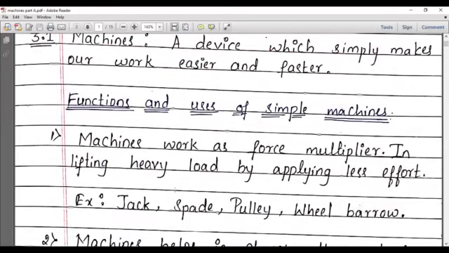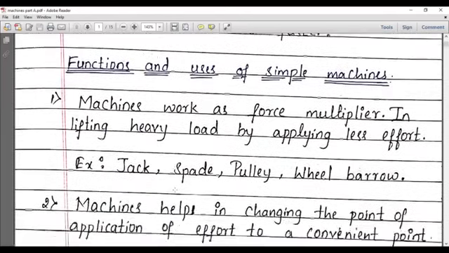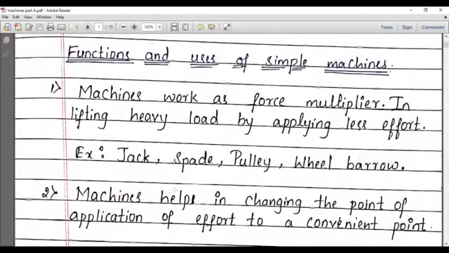Okay, first function. Machines work as a force multiplier in lifting heavy load by applying less effort. See here, to lift a car, to change the tire, we will use a simple machine, that is a jack.